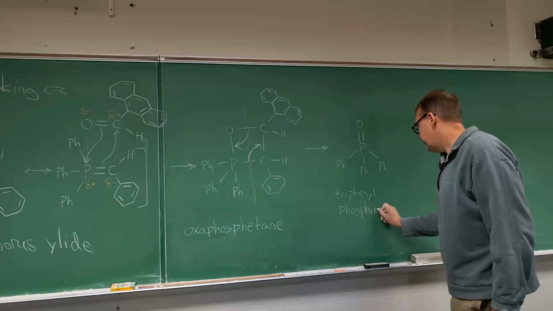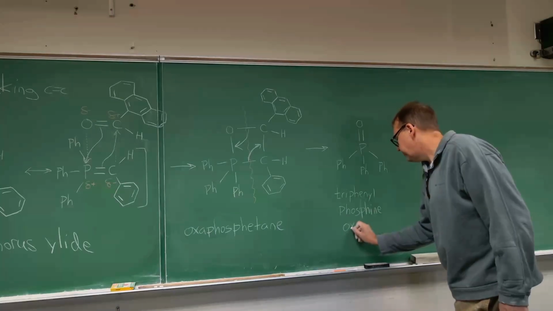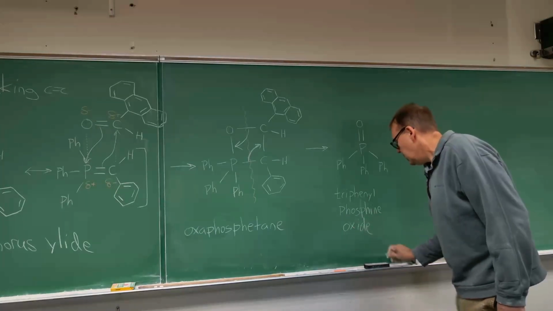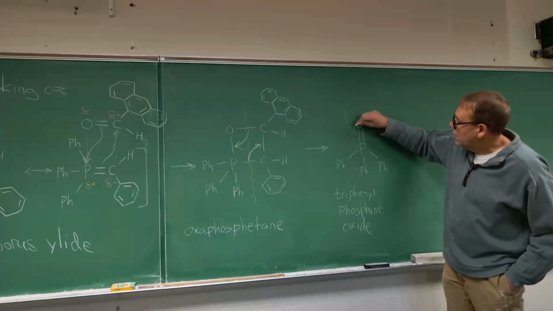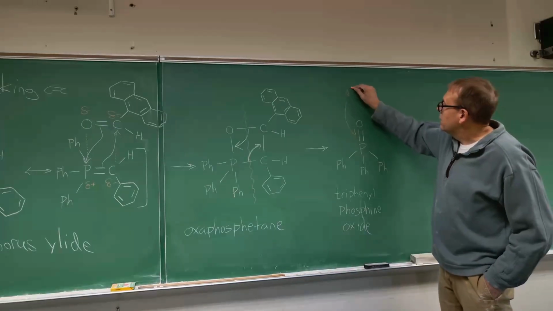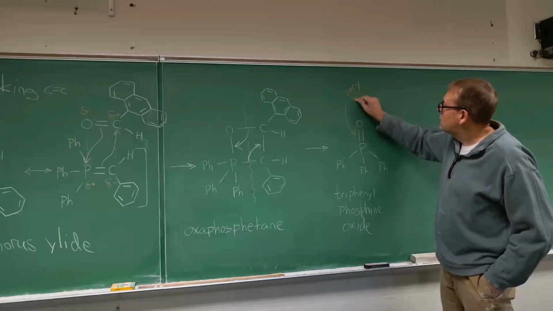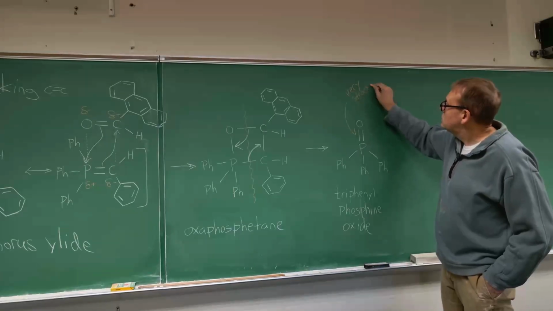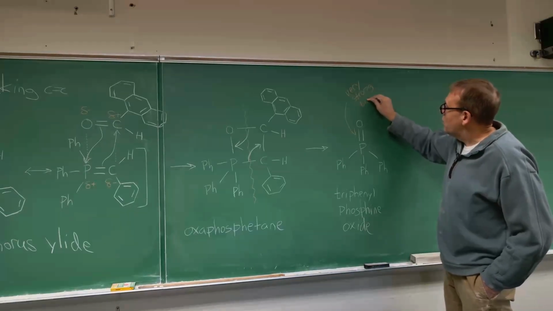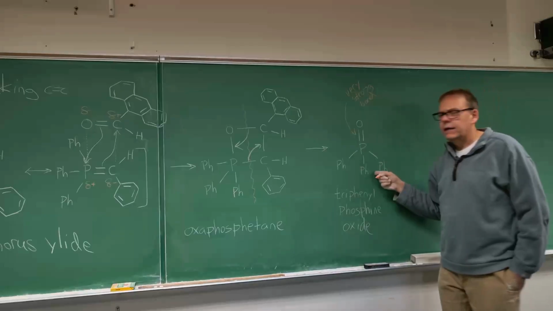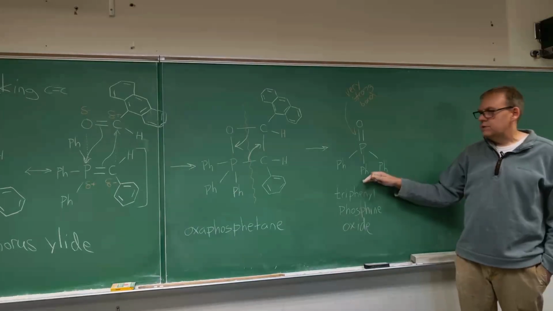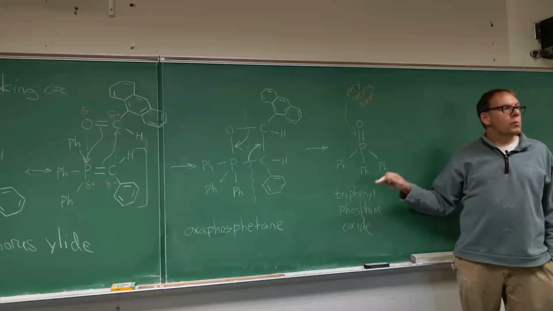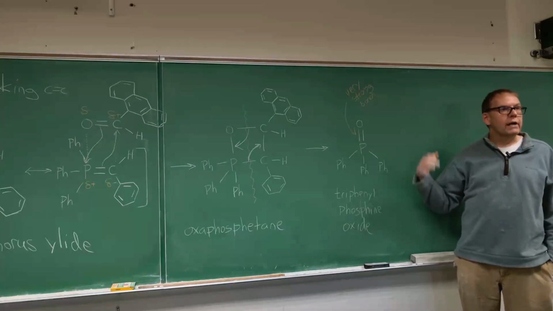And the feature of it is that it has a very strong bond here. So although this is a waste product, nobody does the Wittig reaction to get this species, its formation is important in getting the whole reaction to go.